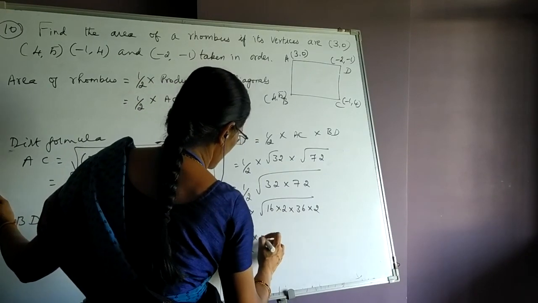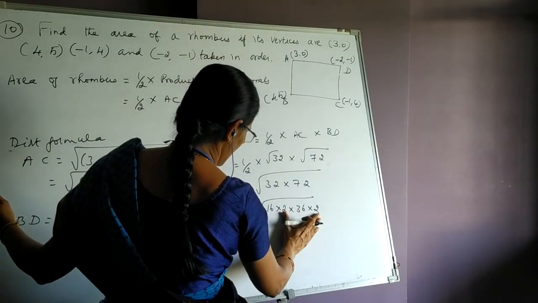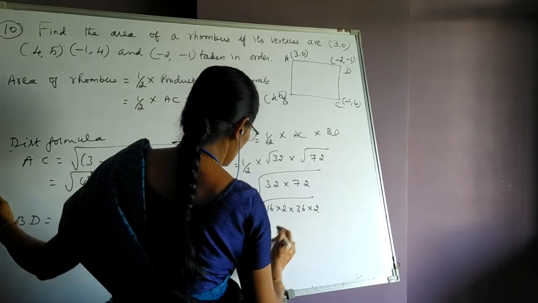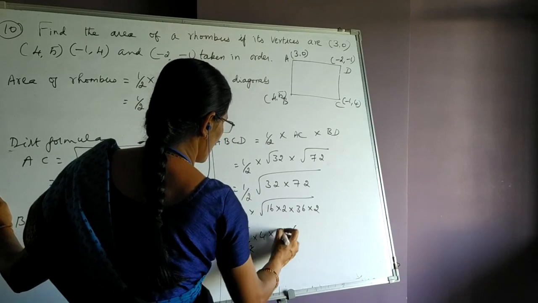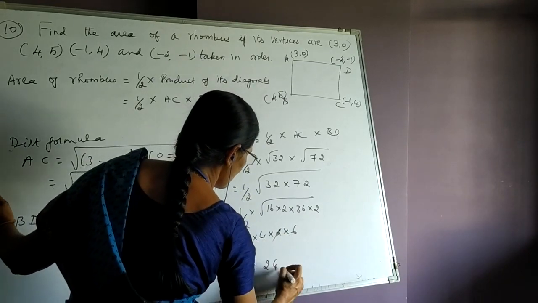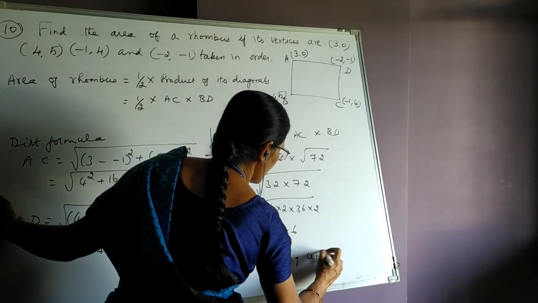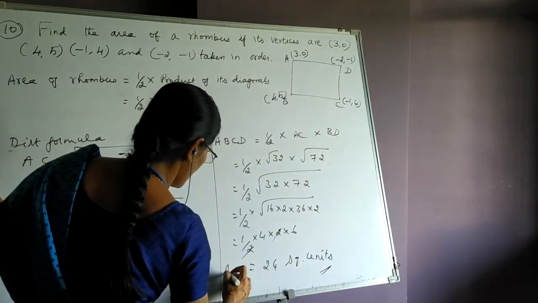Root of 16 is 4. There is a pair of 2, so I take 1 out. Root of 36 is 6. Half gets cancelled. So 24 square units is the area of the rhombus ABCD.